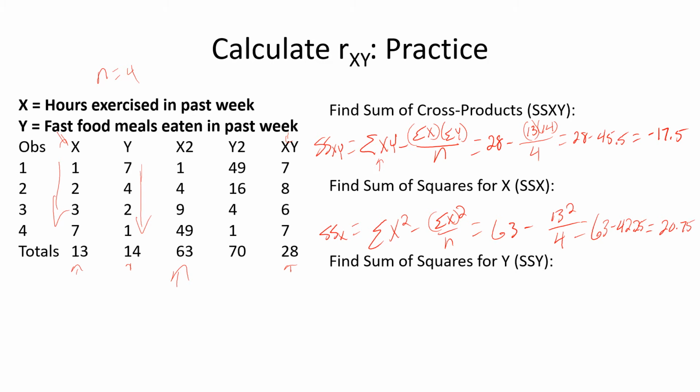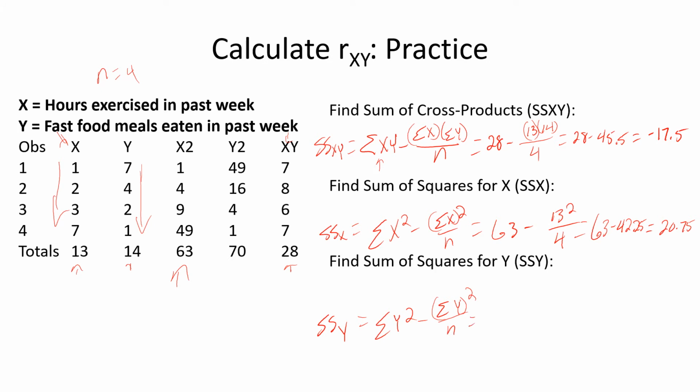The next is sum of squares y. Again, sum of squares y equals sum of y squared minus the sum of y, that value squared, divided by n.